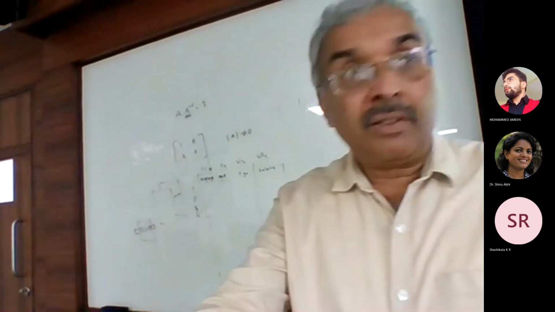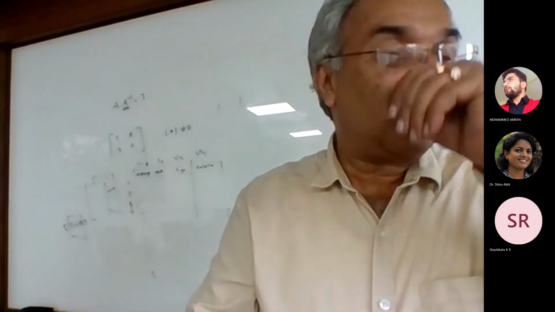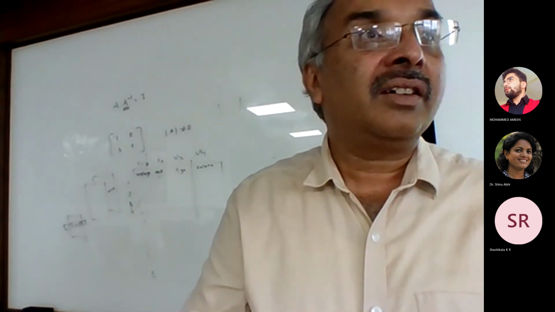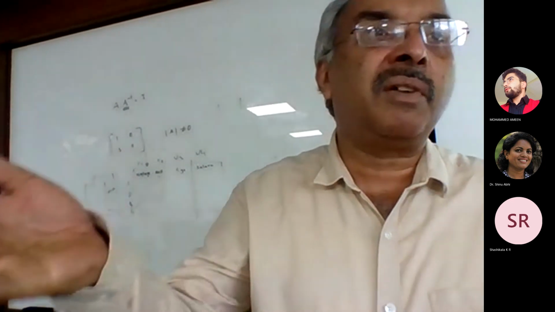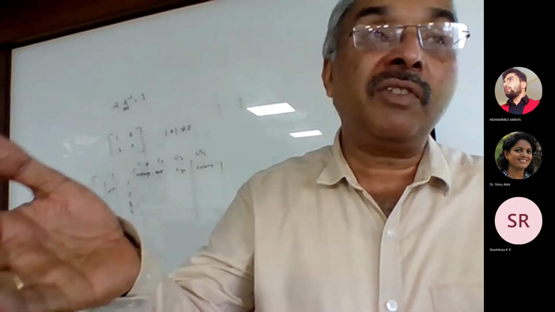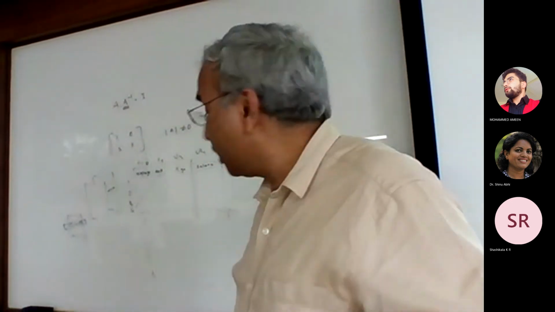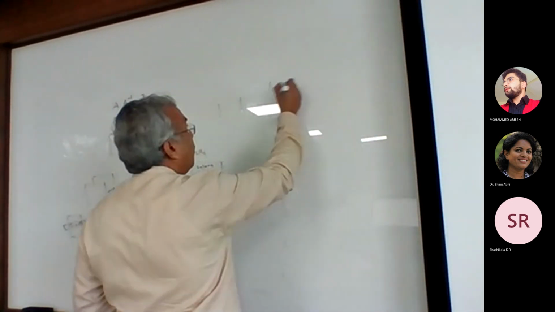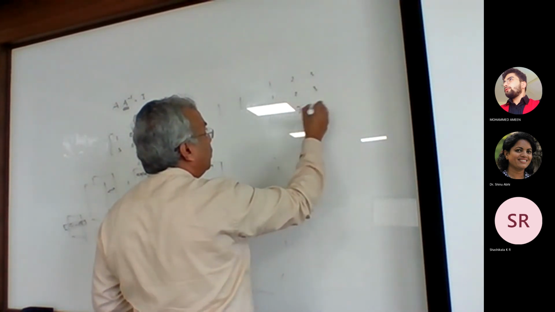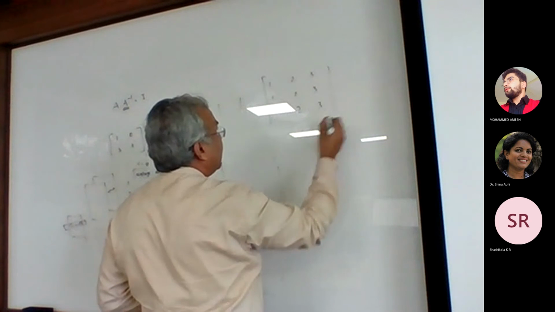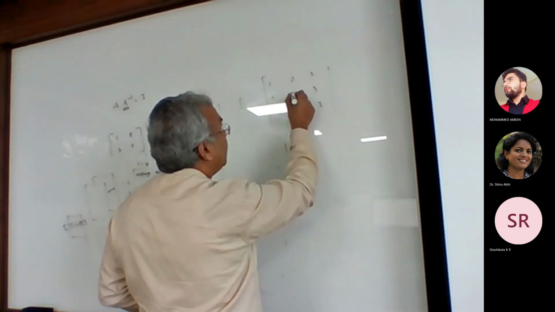Sir, why did you say determinant is equal to L1? Actually, when you say L1 for a vector, it is the sum of everything. Right, but when you take determinant, normally determinant will be computed if you take 1, 2, 3, 1, 2, 3, 1, 2, 3. So determinant of this will be given by 1 into this.